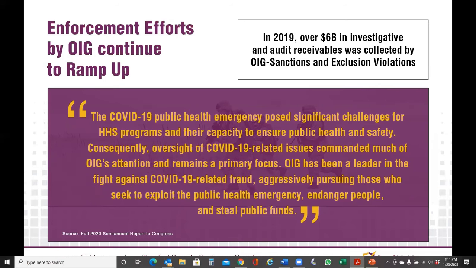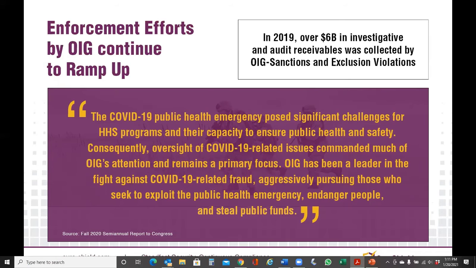And as such, the OIG will continue, and has continued, to ramp up its enforcement over this process. It's important to note that if you don't have demonstrable systems in place to show that you're on top of this, you're just as open to, one, getting defrauded, and two, being audited by the OIG.